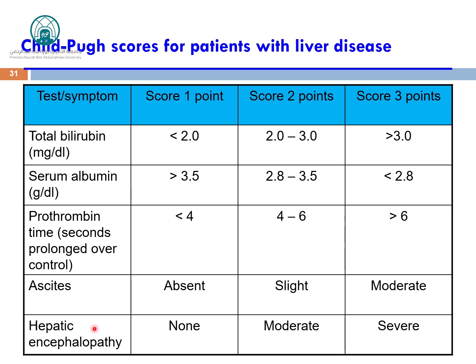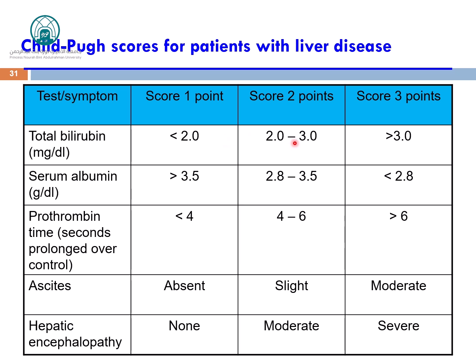When you are talking about score 3, it's the worst evaluation for the hepatic functionality. Score 1 point is the lowest, so the better evaluation for the hepatic functionality. If the total bilirubin is less than 2 milligram percent, it takes score 1. If it is between 2 to 3, score 2.